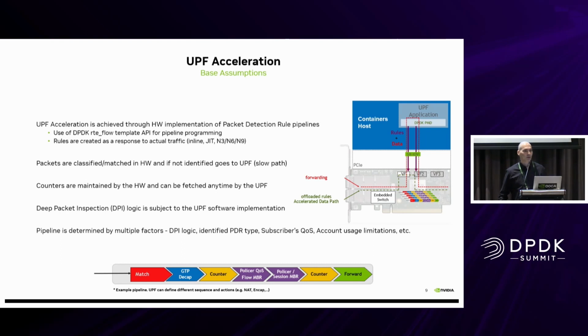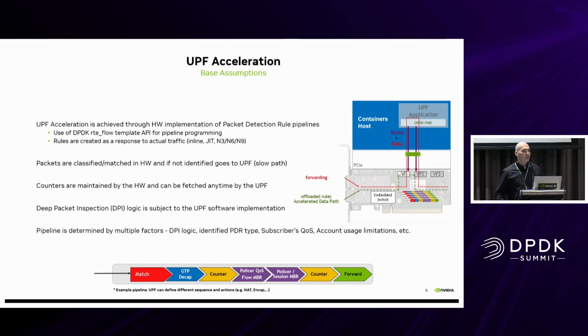So the way that it goes is that once the subscriber's packets arrive, in a fashion of just-in-time and inline, the traffic itself, the data is accepted by the NIC. The NIC tries to find the correct rules for it using the match mechanism. Once it sees that these rules are not listed in its memory, this is a miss flow. So it goes to the software. The software applies DPI. Based on the DPI, the UPF knows which rules to apply, then does its offload, and everything else can be treated in the NIC itself.